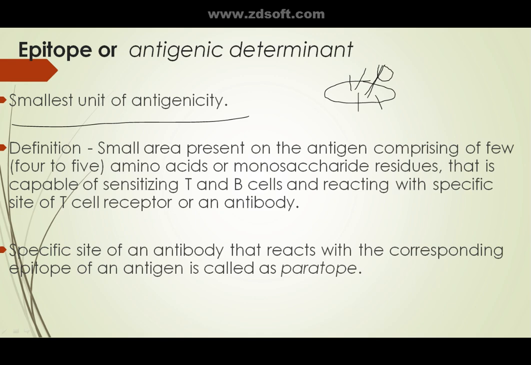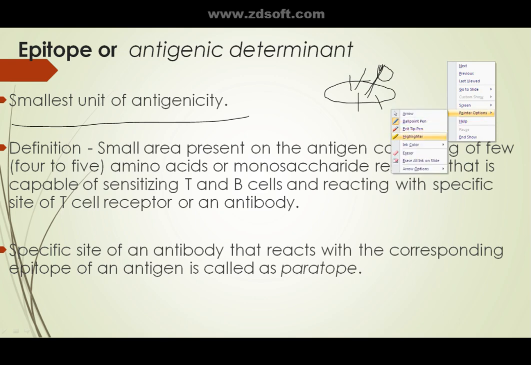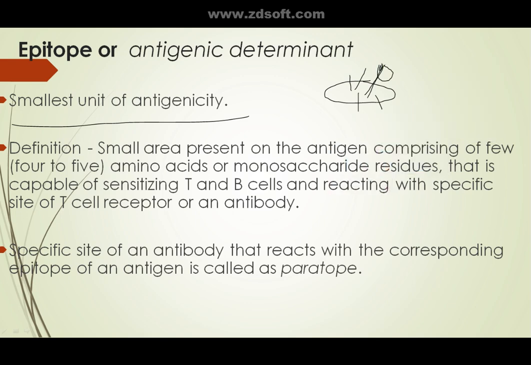Now, if an antigen has an epitope, our antibodies have to go and bind to this epitope. For example, imagine this is the epitope. I will just change the color. Suppose this is your epitope.